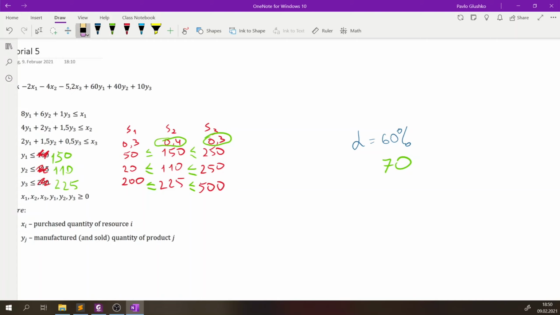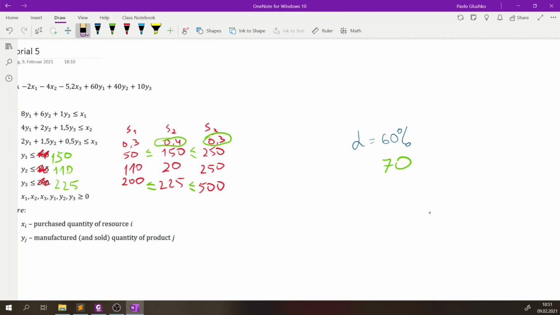Now, if we have three scenarios, but it's not always the case that for all the products the demand in S1 is lower than S2, and S2 is lower than S3. Let's say that we would have here 110 and here 20. You see that for the second product, this relation doesn't work like that. Then we wouldn't be able to use this approach.